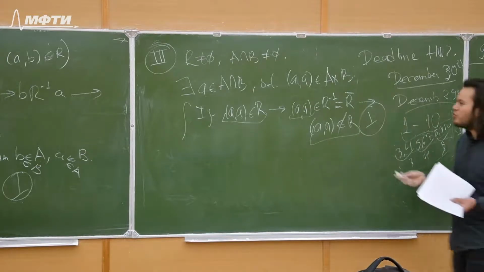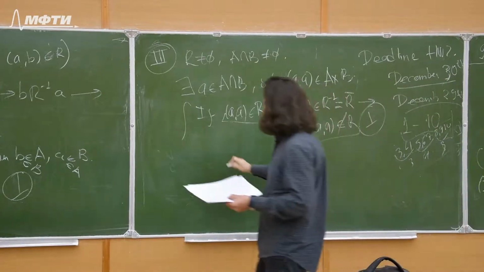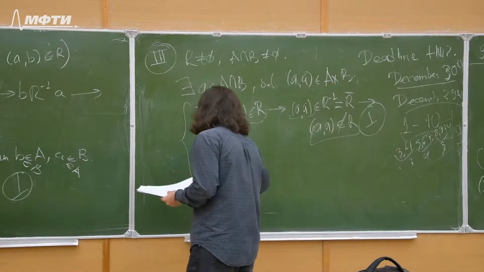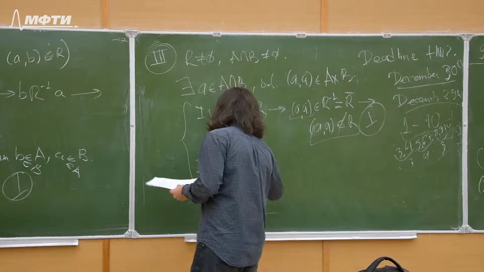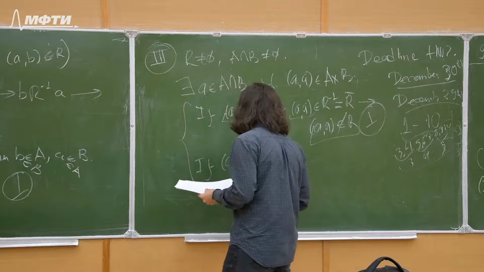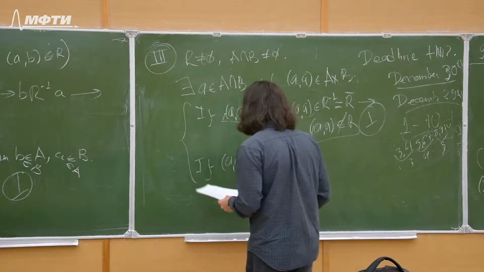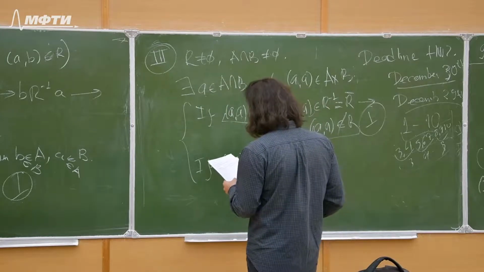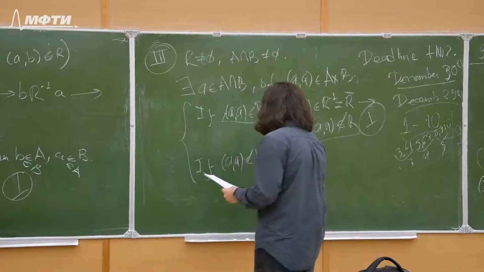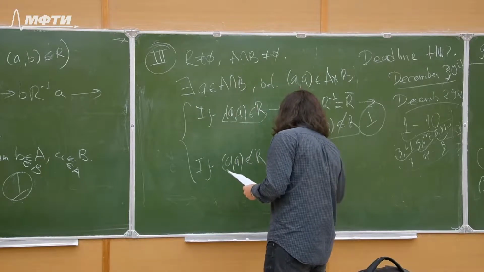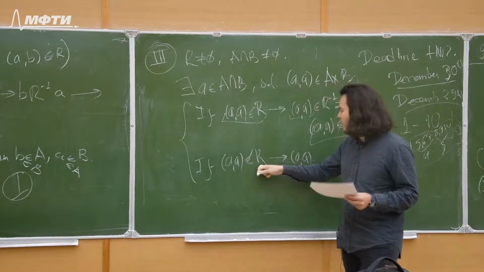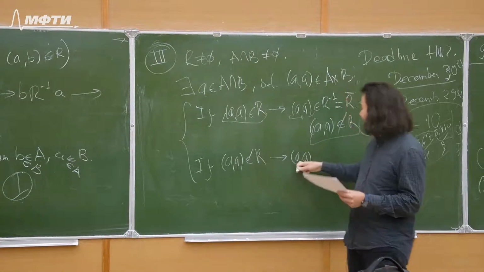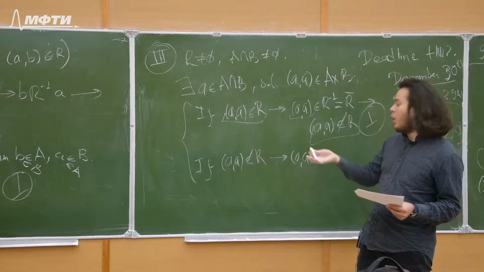Now we have to assume that this is not an element of R. So what if (a, a) is not an element of R? Then, since it's not an element of R, it is an element of the complement of R.